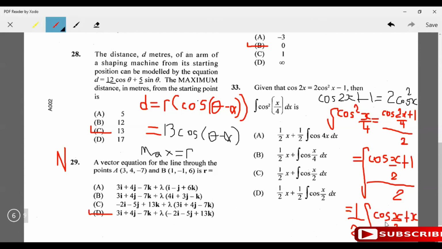And so if you multiply this by a half, what we're getting is a half the integral of cosine x over 2 plus a half x. So that's option D, because it's half times everything right here. Half times all of this. So that's option D. Easy question. Soft.